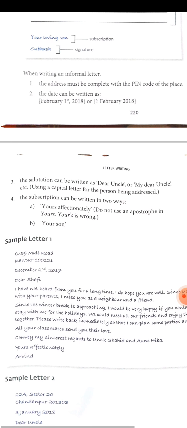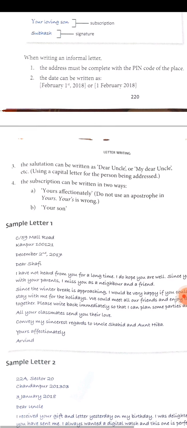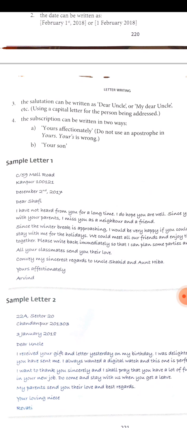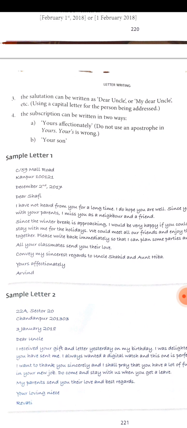Now the fourth point, the subscription can be written in two ways. Subscription is written on the bottom left. So yours affectionately. Do not use an apostrophe in yours. Your apostrophe s is wrong. So you will write yours affectionately, but you will not write an apostrophe s. If you write your apostrophe s, then it will be wrong.